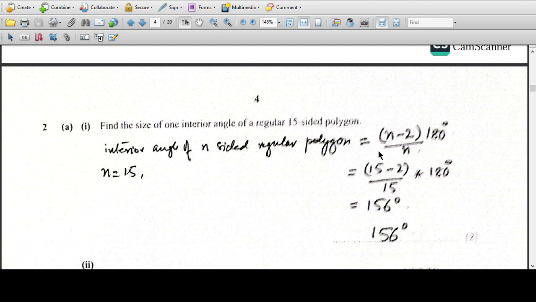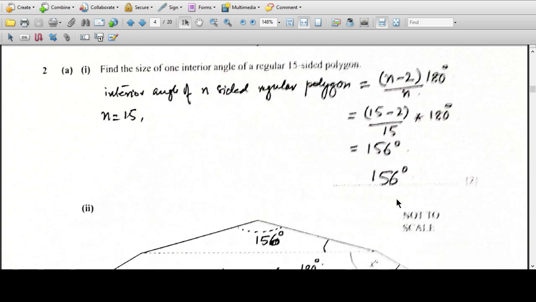Now that there are 15 sides, n is equal to 15. So in place of n we will place this 15. So for one interior angle, 15 minus 2 divided by 15 into 180 is equal to 156. So this is 156.